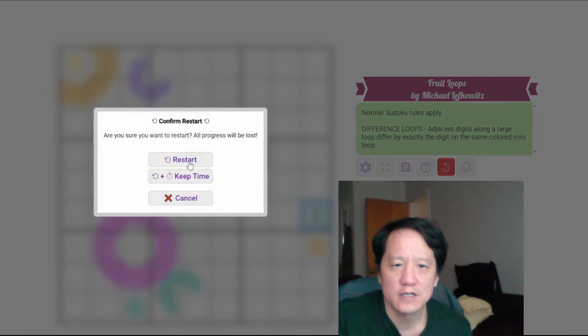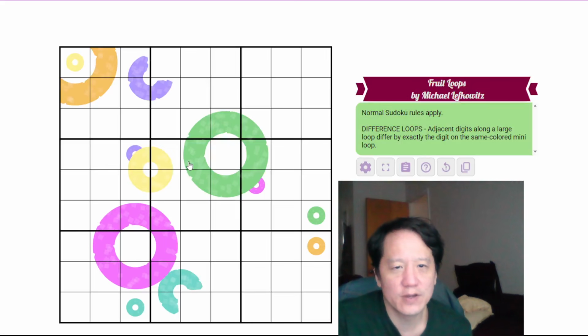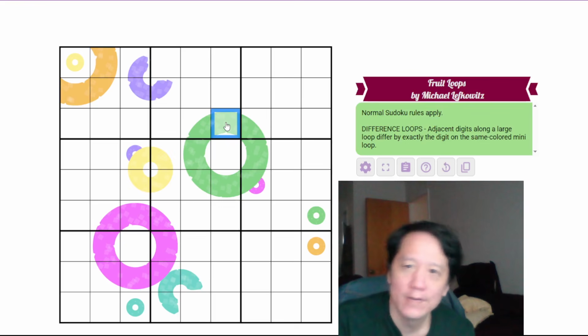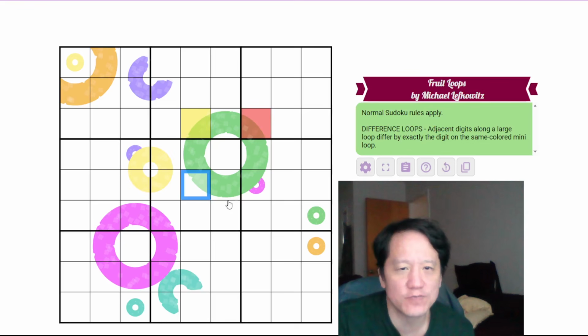Let's go. Okay, so how does this work? These have the same difference. So this obviously has a different distance than that. So this is a certain flavor, and that's a certain flavor.